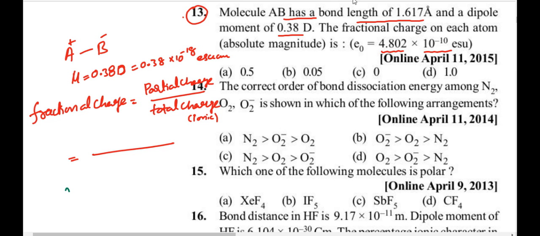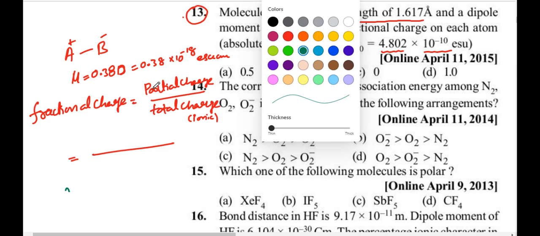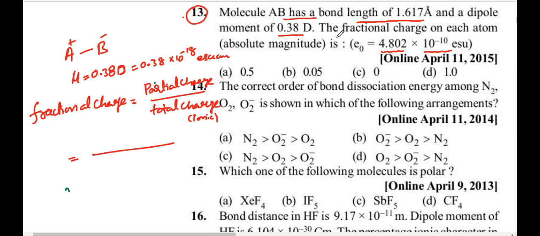See, the partial charge is Q. Here mu equals Q into D. Whenever partial charge is there, 0.38 D is the dipole moment. That implies Q equals mu by D.